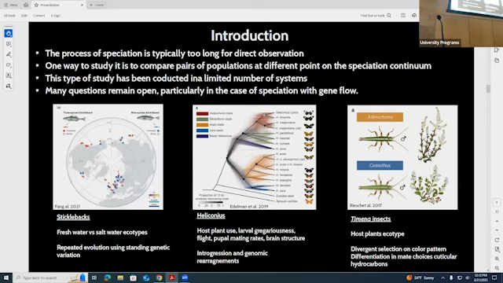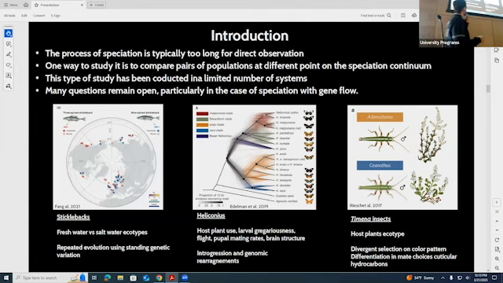Another very interesting system is the Heliconius butterfly, where the different clades, for example Erato and Melpomene, use different host plants, and they differ in several traits. They have different levels of isolation between them, but also some introgression. And those differences are also linked to genomic rearrangements.